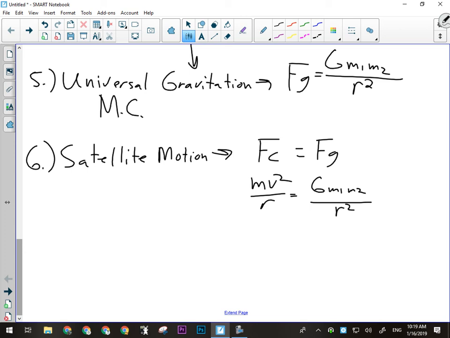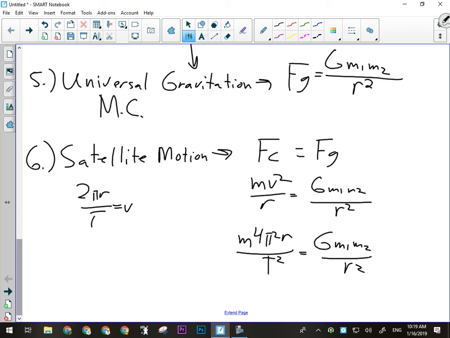Or if we aren't given v and have no way to calculate it, then we sometimes have to substitute in 2 pi r over t for v, and that looks like this: m times 4 pi squared times r over t squared equals big G times mass 1 times mass 2 over r squared. Expect there'll be some multiple choice stuff about satellites, but definitely there'll be a satellite question in the written response. In all likelihood, I would bet on having to do the substitution.